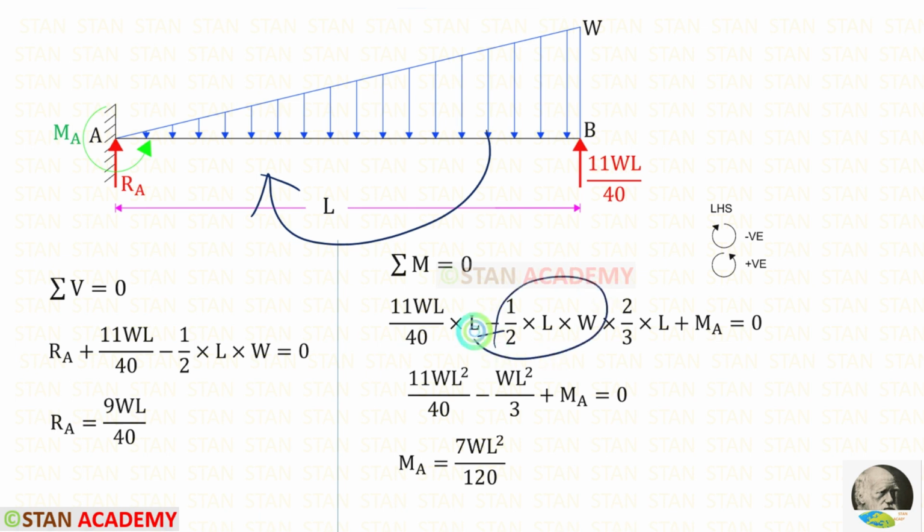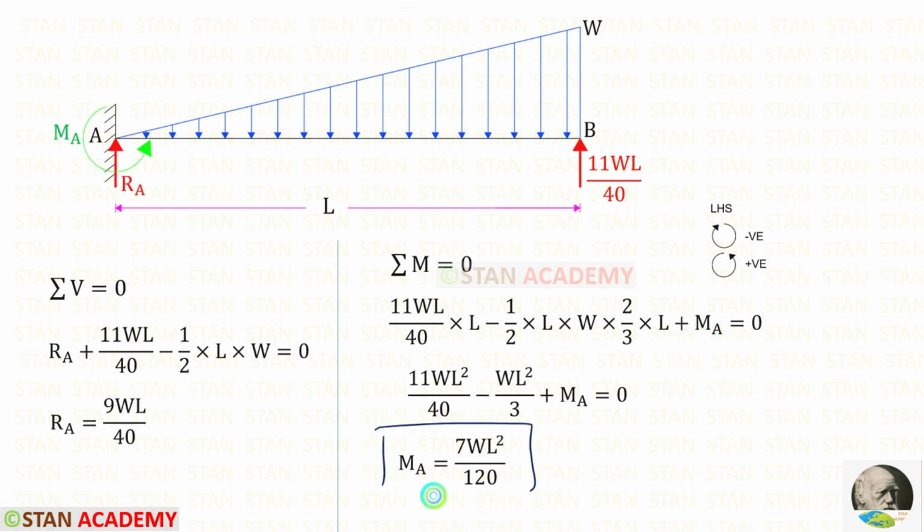For this triangle, the centroid distance about the point A is 2 upon 3 into B. Here the breadth is L, so 2 upon 3 into L. MA will be acting in the anticlockwise direction, so it will be positive. Finally, for MA, we will get 7 WL square upon 120.